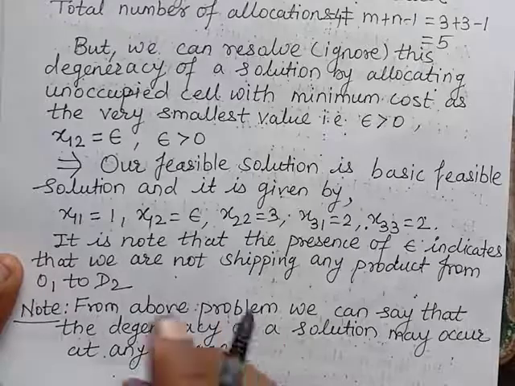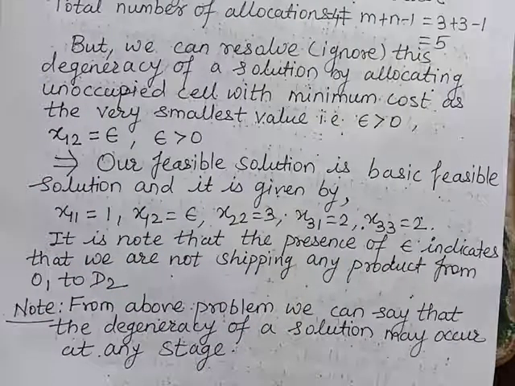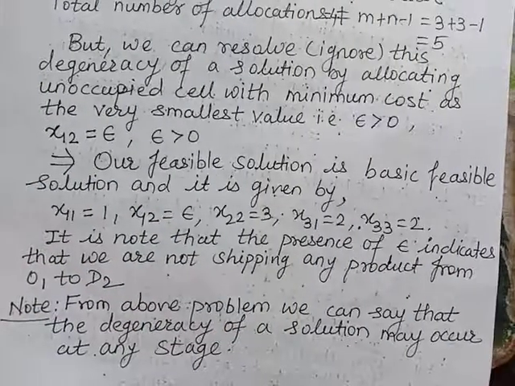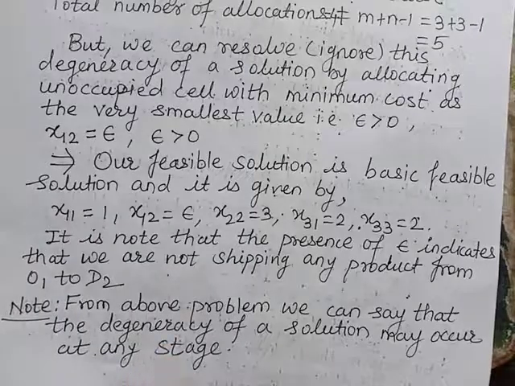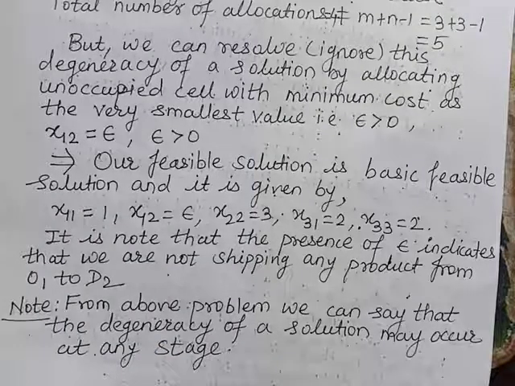This can occur at the initial stage or in between also. At that time always resolve it using the same trick by adding the smallest value, that is epsilon, at the least cost position.